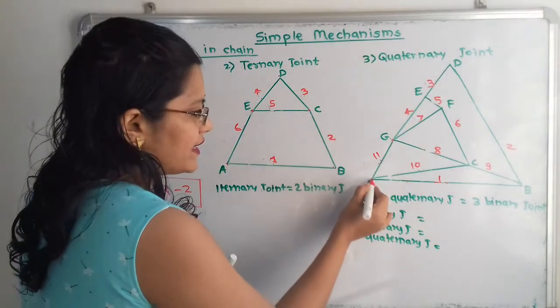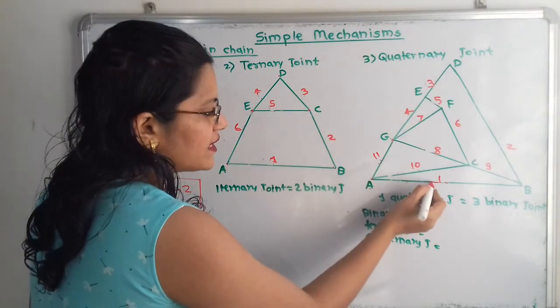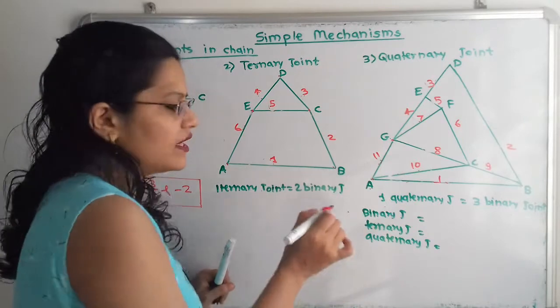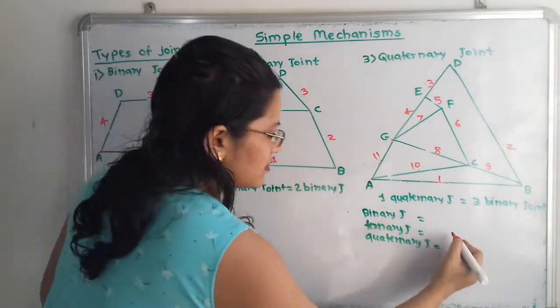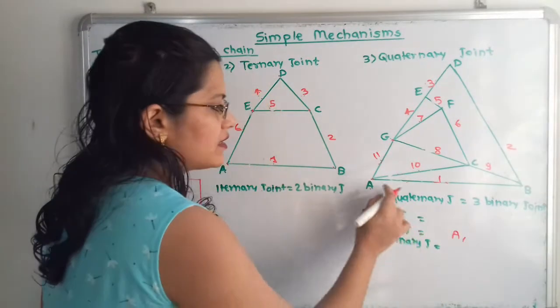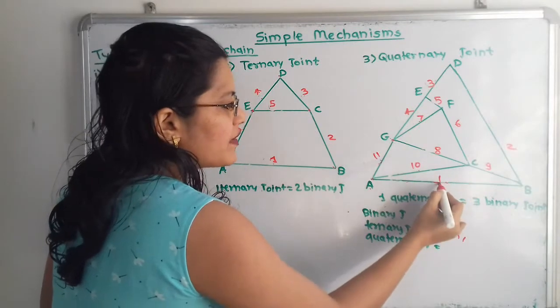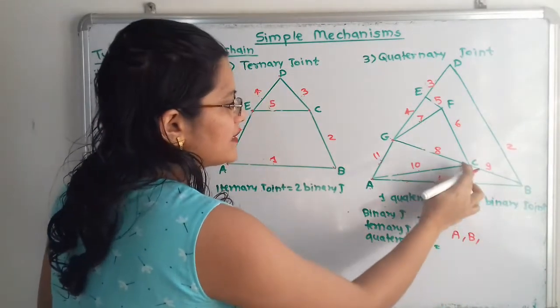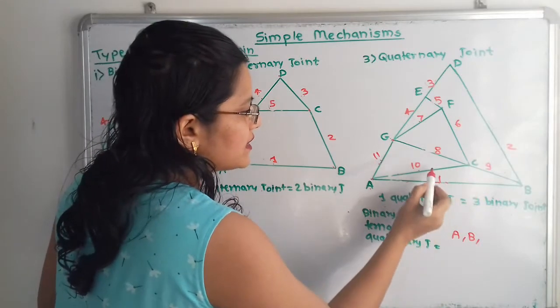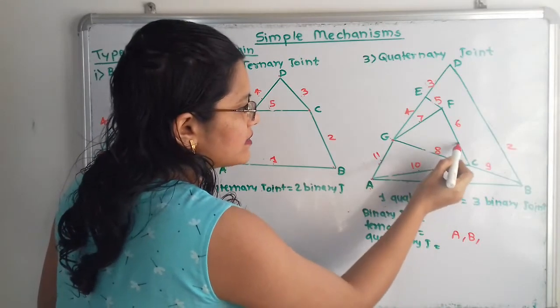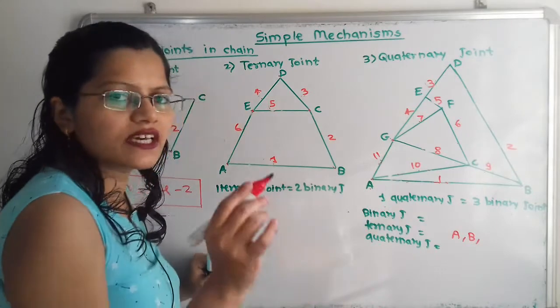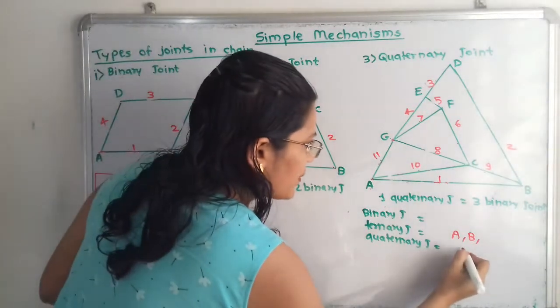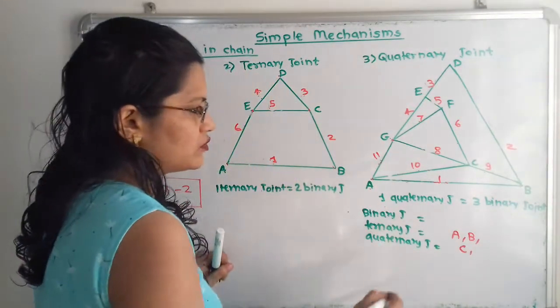Now this point A has three links, 1, 10 and 11. That is, point A is ternary. Then point B. It has 1, 9 and 2. That is ternary. Then point C. This point C has 10, 8, 6 and 9. That is, there are 4 links. That's why point C is a quaternary joint.